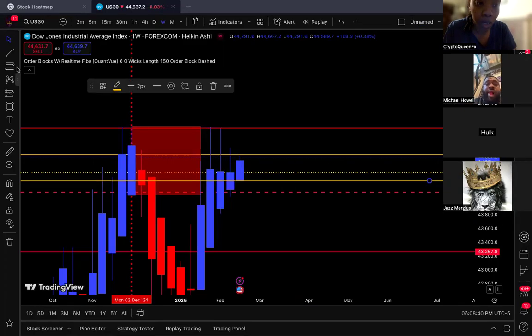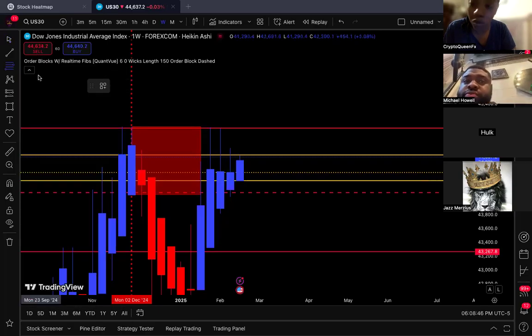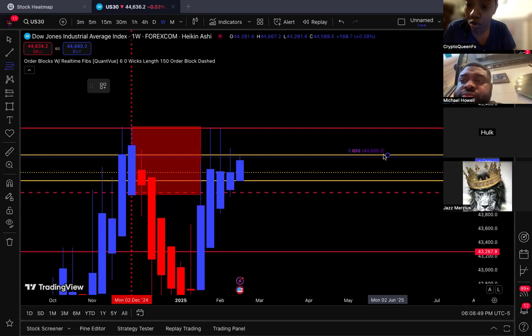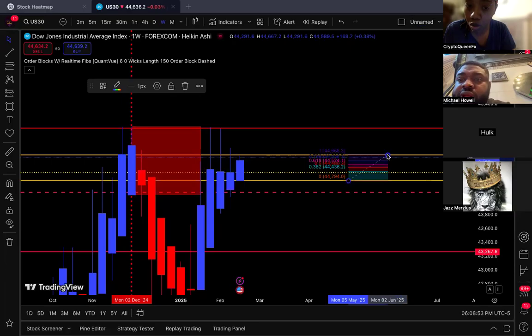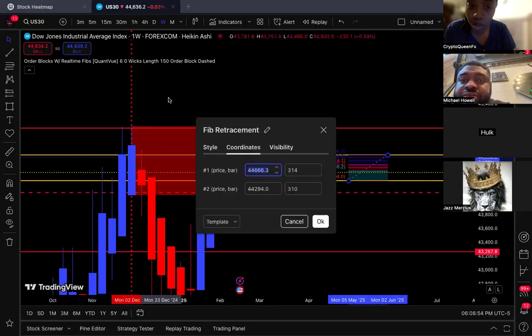Then we're gonna come over to the fib and we're gonna locate the middle in between those 2 points. Go to the fib and put them coordinates in of the high, which is 44667.2, and the low of 44291.6.